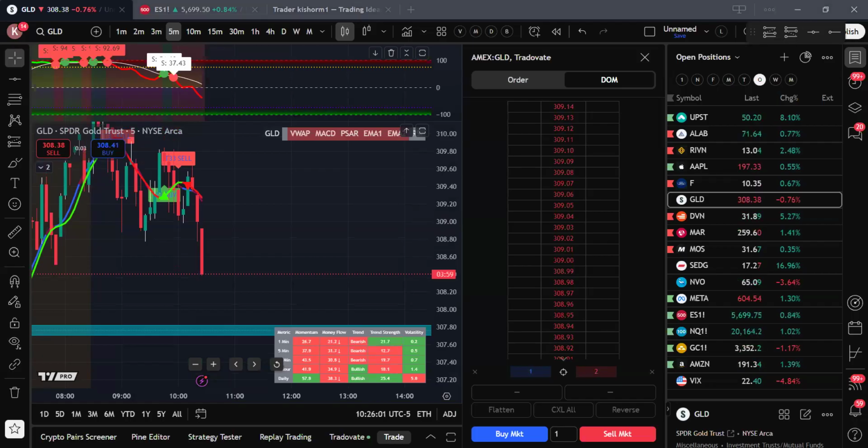Gold puts are printing huge. Huge drop on gold.